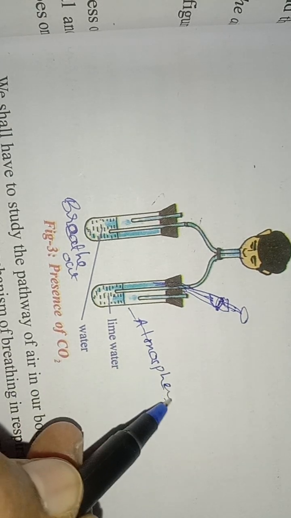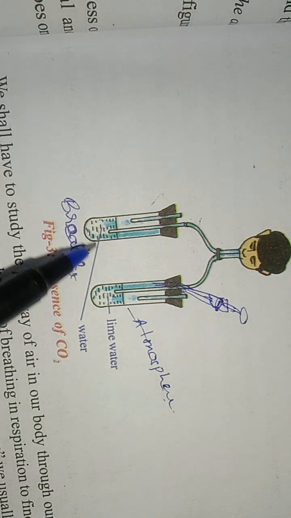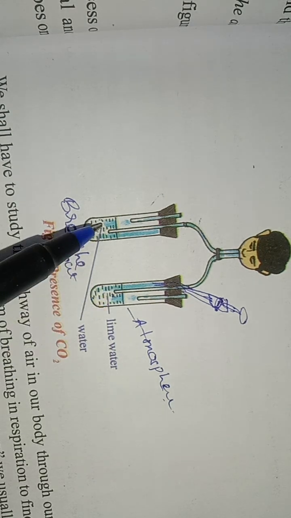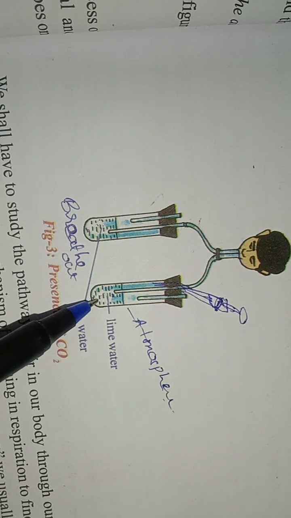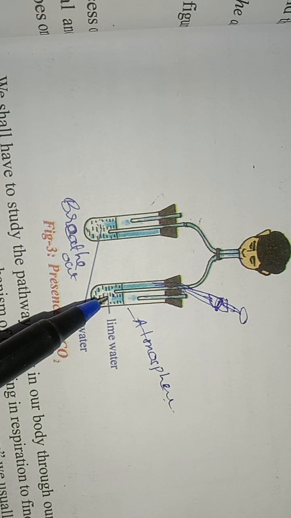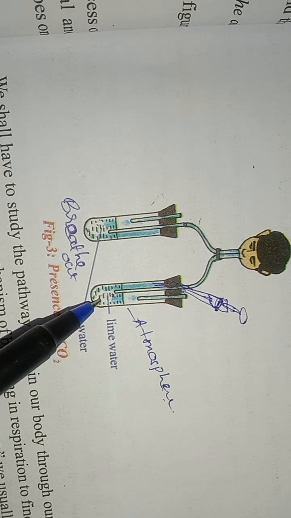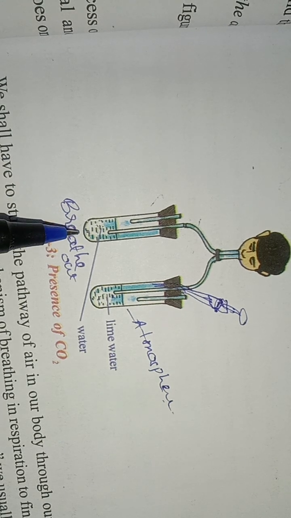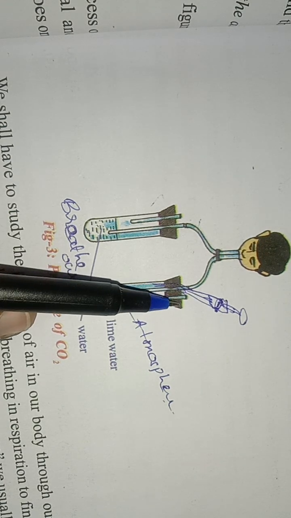The atmosphere also contains some percentage of carbon dioxide, and breathe out air contains different gases too. If you compare these two test tubes, the breathe out air test tube turns more milky white compared with the atmospheric air one, which turns milky white but not that much.